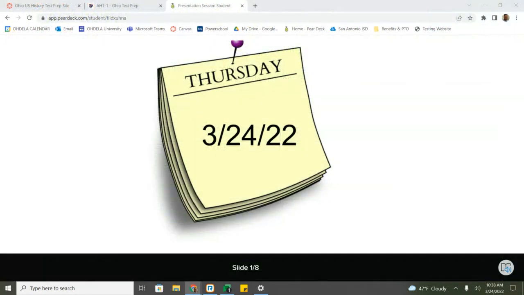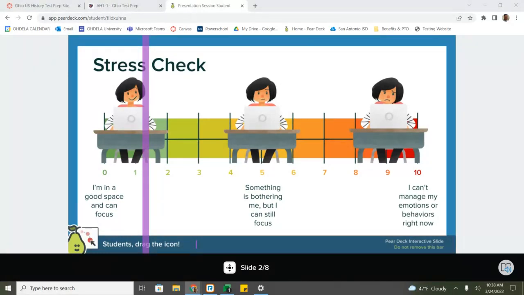All right. So just some quick stress check, because testing does start tomorrow. I don't know what your testing schedule is, but where are you at? I think I'm about here today. I think I'm about a 4.5. Nothing's really bothering me.